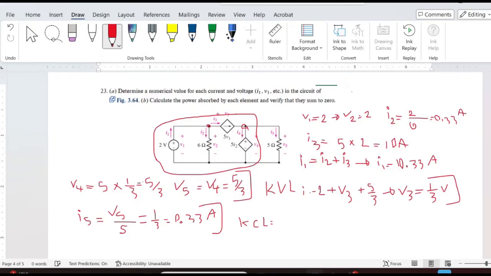So I3 equals I4 plus I5. And from there, I4 would be 9.67.